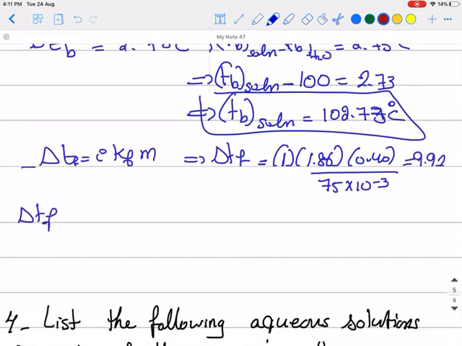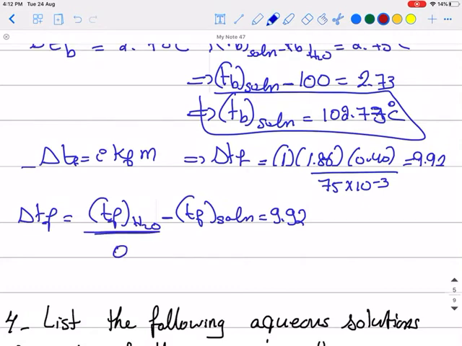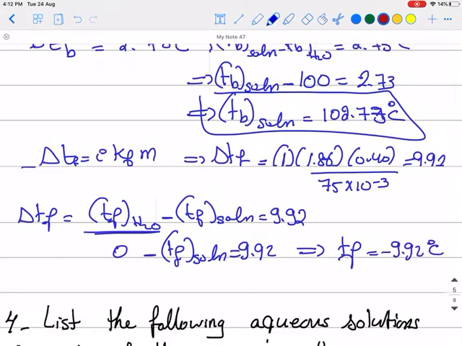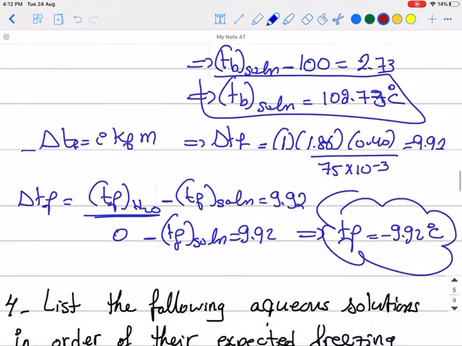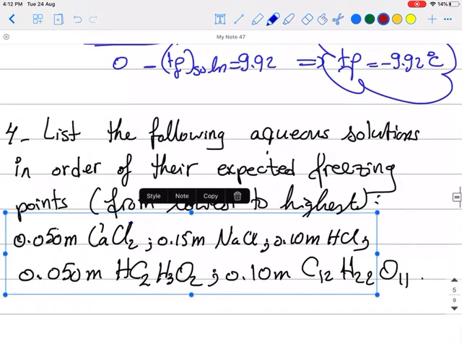Now we know that delta T_f equals T_f of the solvent, water, minus T_f of the solution. T_f of pure water is 0, so 0 minus T_f of the solution is 9.92, and the final answer, T_f, equals minus 9.92 degrees Celsius. Like this, we found T_b and T_f.